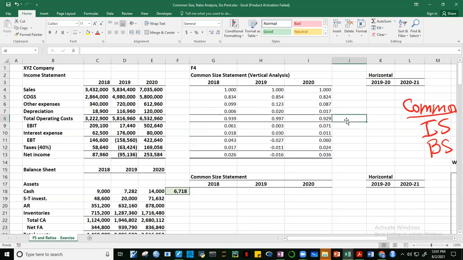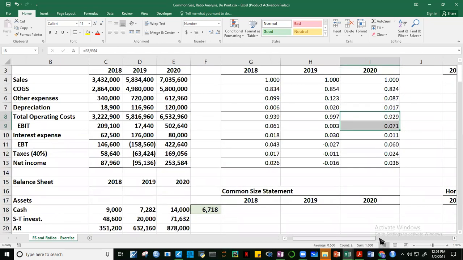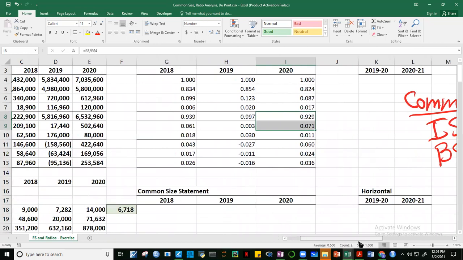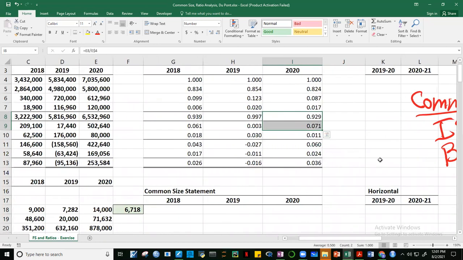So makikita natin na nung 2020, 93 centavos yung cost ratio or 93%. Sa bawat piso ng sales, 93 centavos yung cost, no? That's the total operating cost. And also if we compare, no? Grabe nung 2019, halos yung cost natin halos yung sales na mismo, no? Okay?